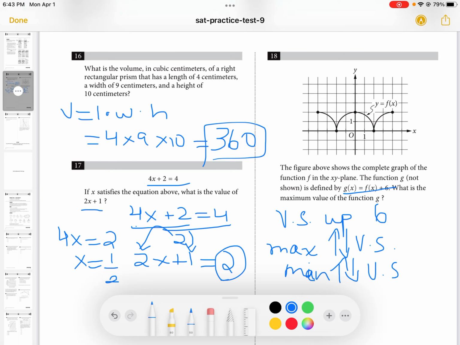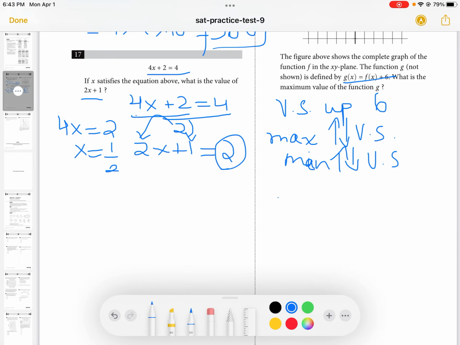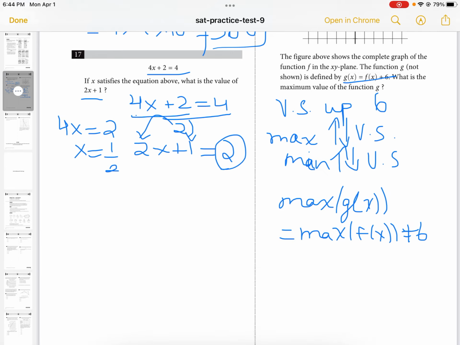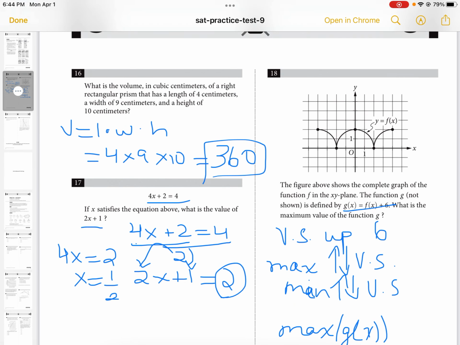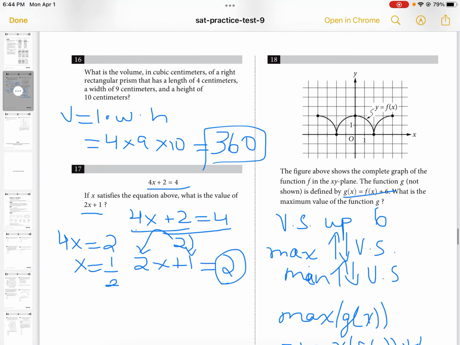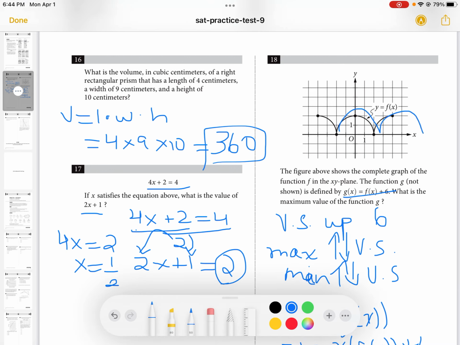And since we're going up 6, our new maximum for g of x, so I want to just write max of g of x, will be the max of f of x plus 6. So what's our max of f of x? Well, it looks like here it's a periodic function that goes like this on and on until infinity.